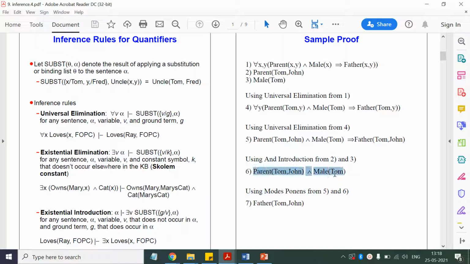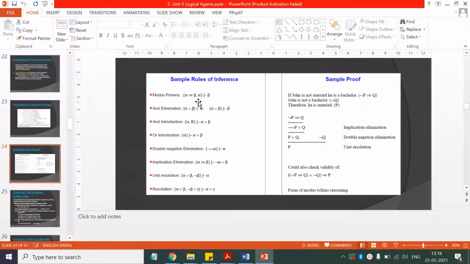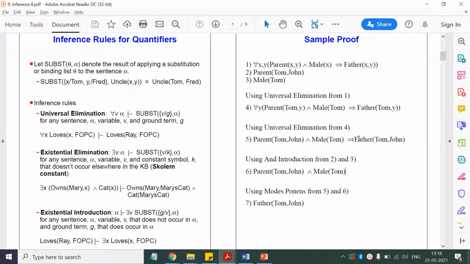And then this is our alpha, let's say it is alpha, and here we have alpha implies beta. Let us say this is beta. Then we have modus ponens rule. So we have alpha and alpha implies beta, that implies beta, and we have proved the given sentence.